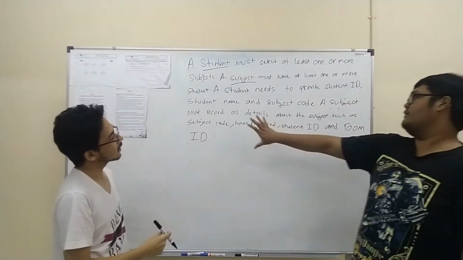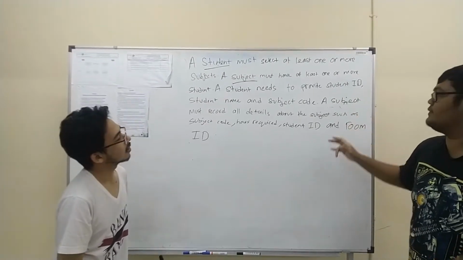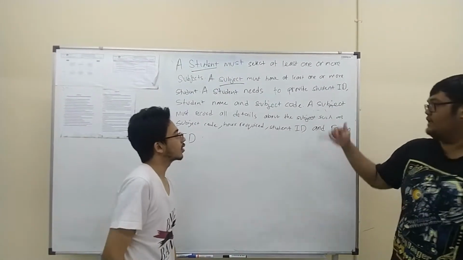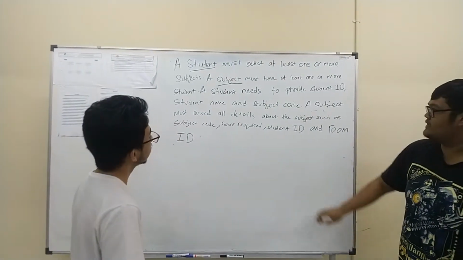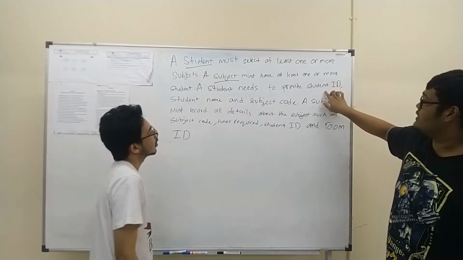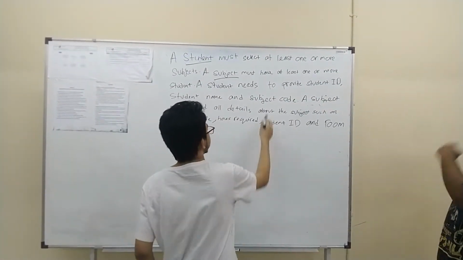After we have found the entities and the attributes, we have to determine the primary key and foreign key for each of the entities. The primary key for the student entity is student ID. The one for subject will be subject code.